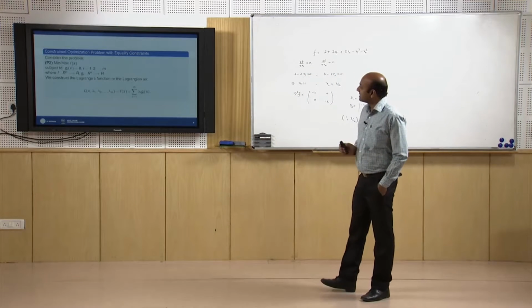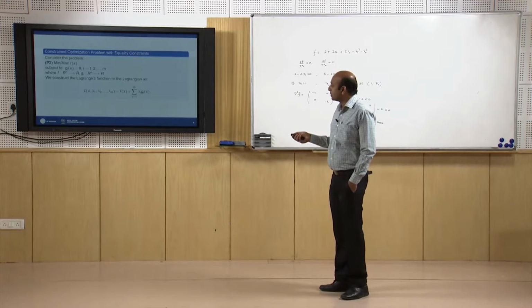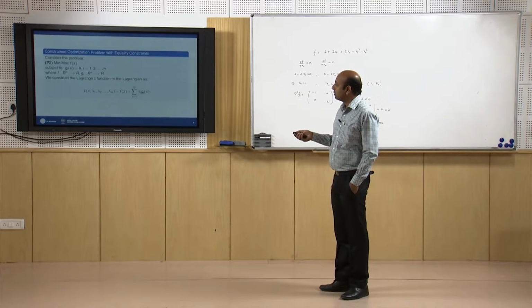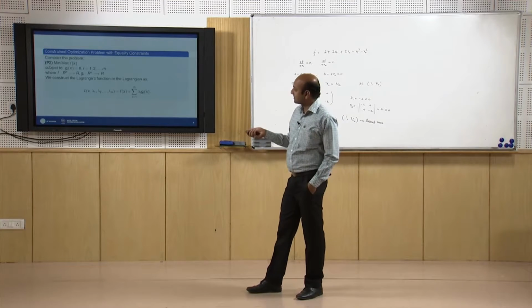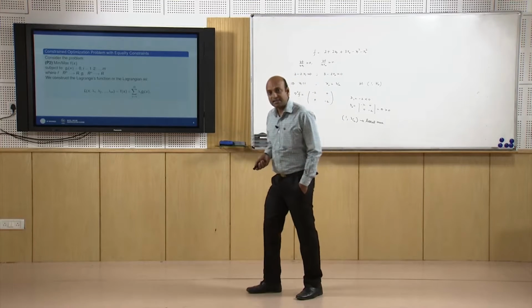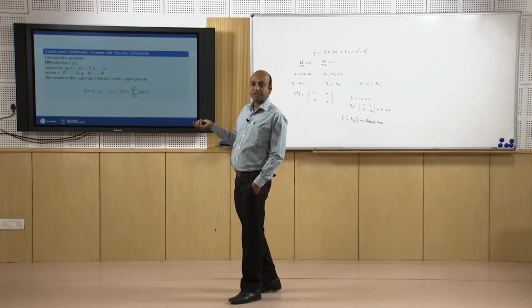So, minimizing or maximizing f(x) subject to g_i(x) equal to 0, because we are taking only equality constraints here, i from 1 to m. This is the problem we are discussing now, and how to find optimal solutions of such problems. An optimal solution means it satisfies all the constraints as well as minimizes or maximizes the objective function.